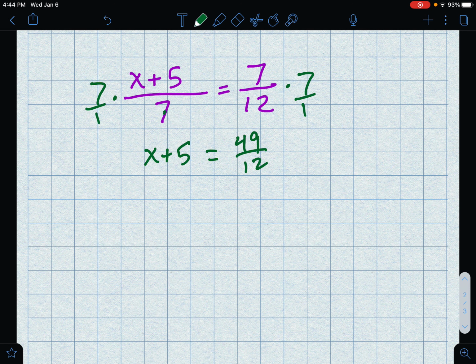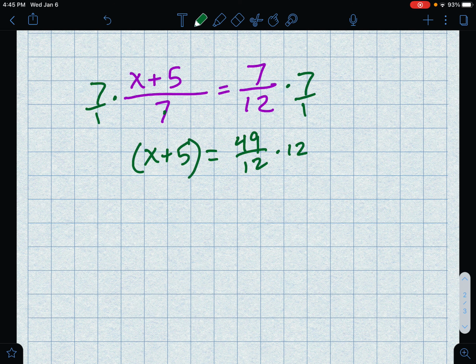Let me show you that over 1. And then let's just go ahead and undo it. There are other ways we could simplify 49 twelfths and then subtract 5, but I want to show you the undoing step just one more time. So I'm going to undo dividing by 12 by multiplying by 12.